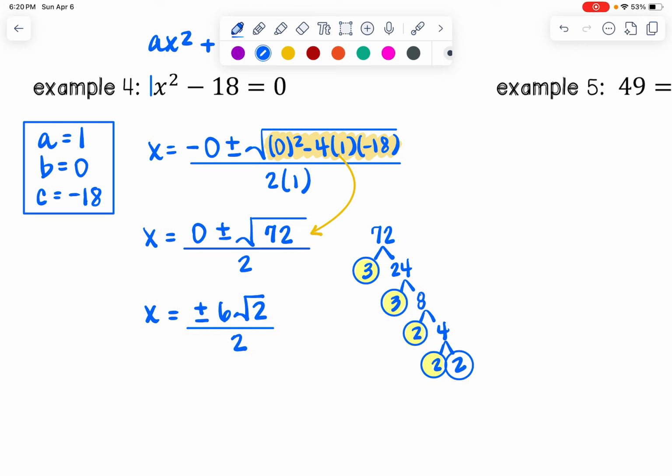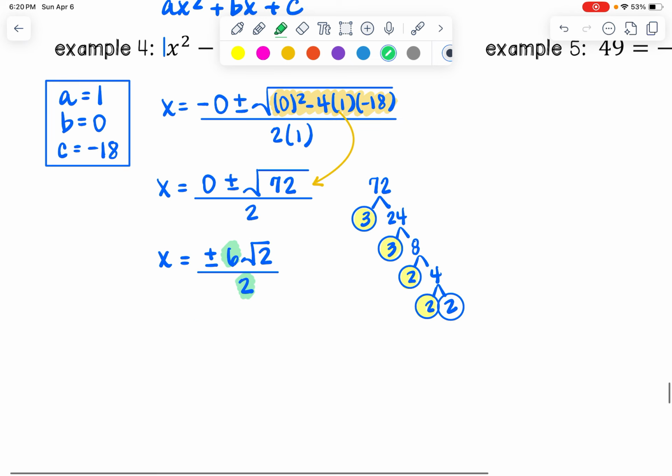All right, and remember, we need to reduce the fractions if we can, but we only care about the numbers on the outsides of the radical. We cannot touch that 2 that's inside the square root. He's protected by the square root. We don't have a number out here because it was just 0, so I just care about the 6 and the 2, which I can totally reduce by 2.